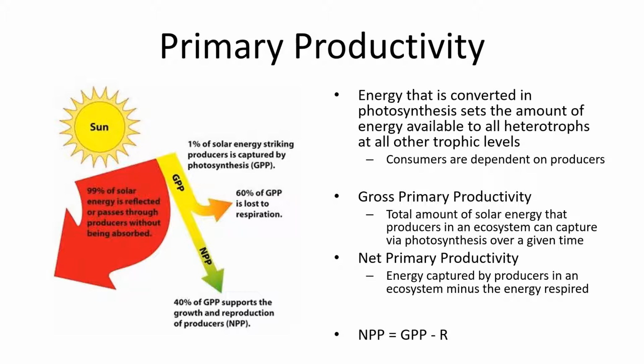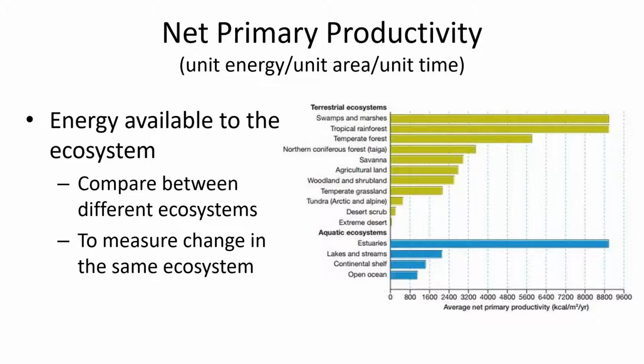So you take your gross primary productivity, subtract your rate of respiration, and you end up with net primary productivity. And so net primary productivity is usually measured in a unit of energy per unit of area per unit of time.